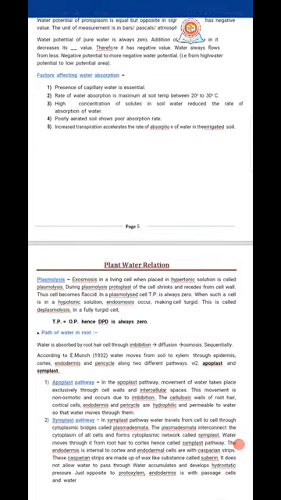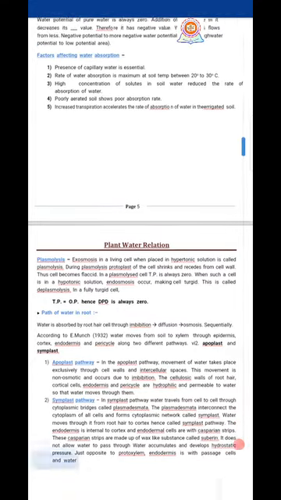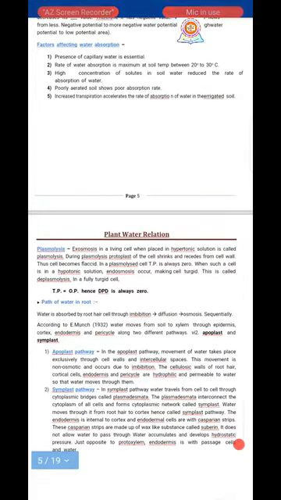Turgor pressure is always zero in such a cell. When it is placed in a hypotonic solution, endosmosis occurs, making the cell become turgid. This is called deplasmolysis. When the cell is placed in hypertonic solution, the water present in the cytoplasm comes out of the cell and the cell becomes flaccid, and the protoplasm moves to the periphery of the cell and a large vacuole is formed.